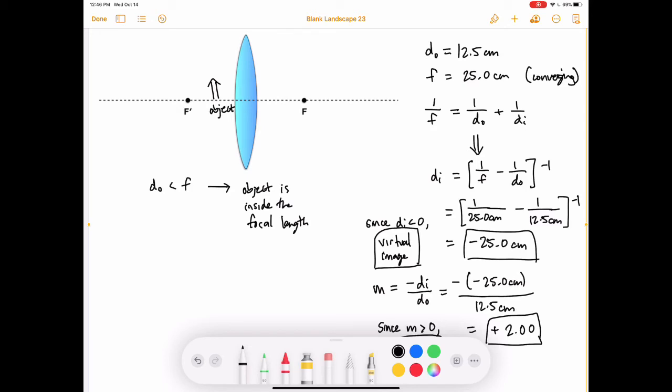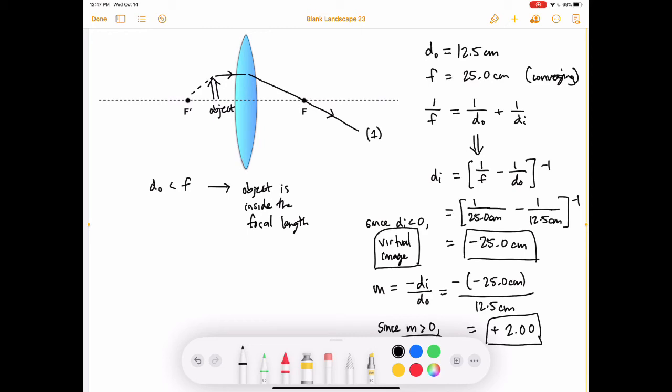So we'll draw 3 principal rays. Now the first one, as always, is going to go parallel to the optical axis. And then after exiting the lens, it's going to go out through this focus. So this will be principal ray number 1. Now our second principal ray starts going out through the focus. So here, we have to be a little careful with how we do this. So here's the focal point, F prime.